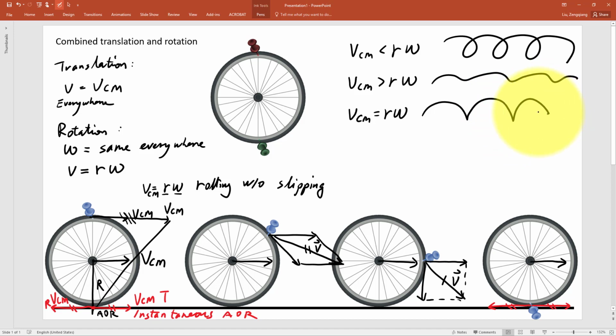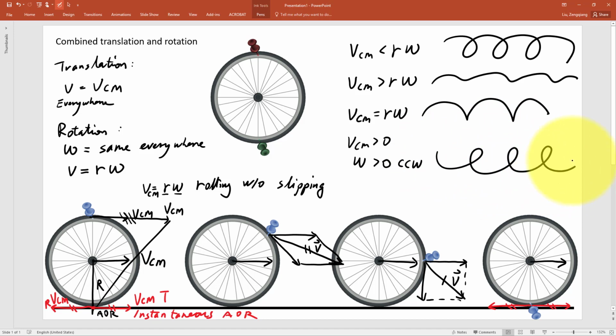And of course, you could also have a different situation where you're moving forward and rolling backwards, such as this. So V center of mass is greater than 0, and omega, in this case, is also greater than 0. Greater than 0 means it is counterclockwise. So you're moving to the right, you're spinning backwards. So you'll be doing this on the rim.